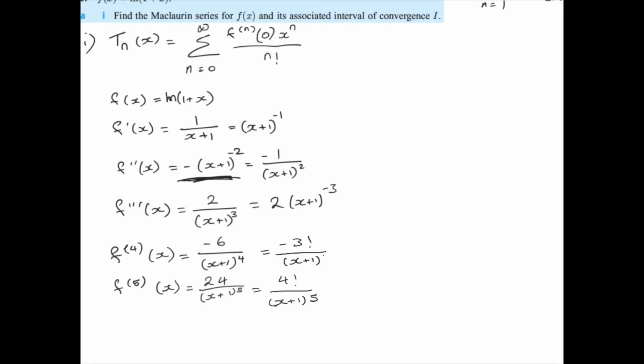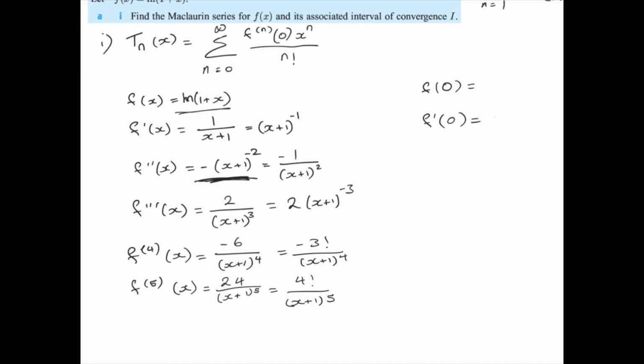So I'd like you to realise now, wait a minute, this is Maclaurin, so what do I actually want for all of these? f of 0. The c only comes in for the error bit. We're not doing that. What's f of 0? ln of 1. What's ln of 1?